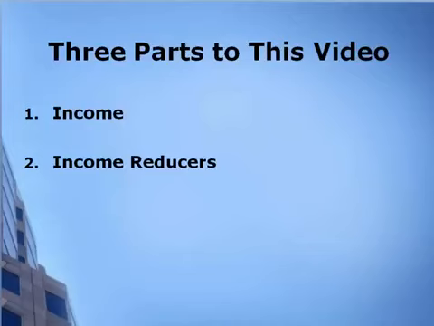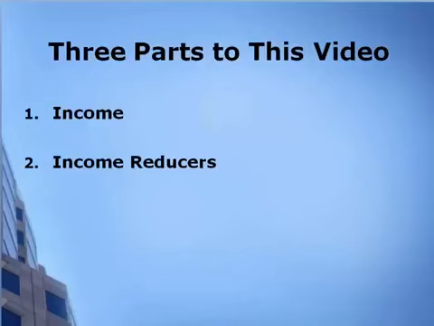What we need to understand here is that within the income section, there are categories that go towards reducing the income that are not expenses. And it's important that you understand exactly what those are and why we need them in order to really get a better handle on the multifamily financial statement.